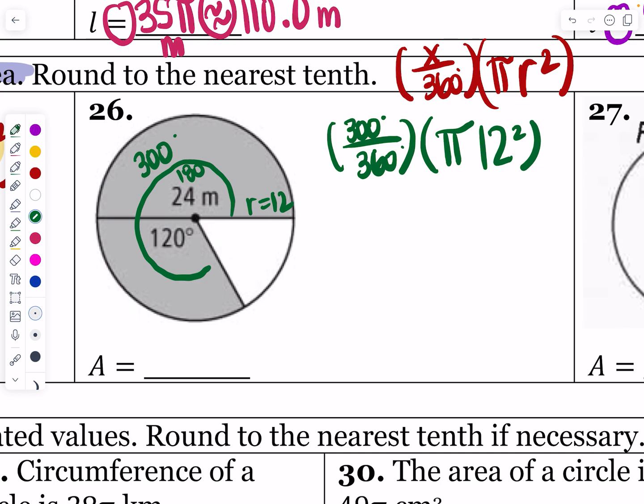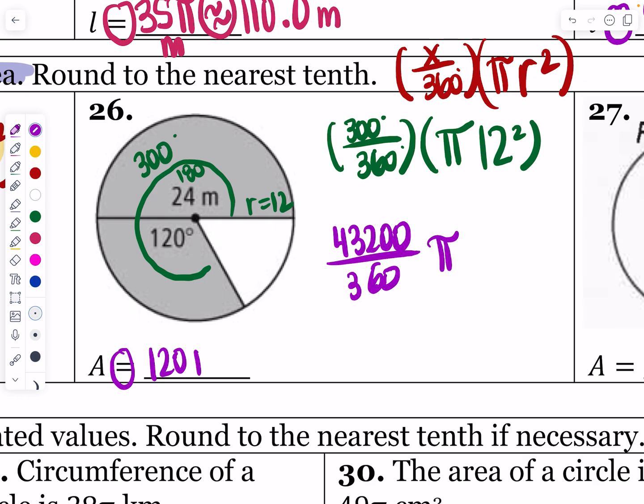That is going to give me 43,200 over 360 pi. So when I type that in, that is going to be exactly equal to 120 pi meters squared. When I do 120 times pi, that is going to round to about 377 meters squared to the nearest tenth. Okay, so I have my rounded answer and my exact answer.